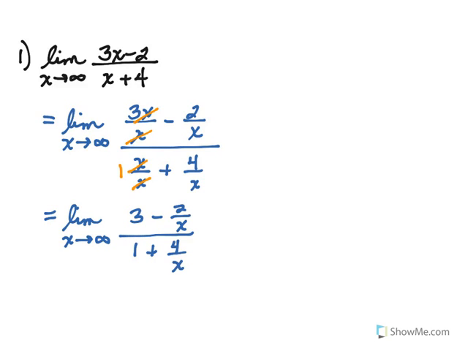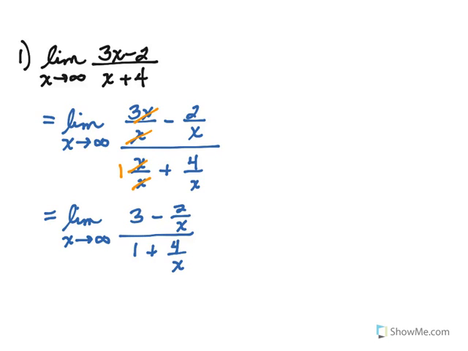All right, let's talk about these little fractions. Now think about what's going to happen to those as x gets bigger and bigger. So think about if we had the fraction 2 over 10, 2 over 100, 2 over 1,000, 2 over 10,000. Notice how that fraction keeps getting smaller and smaller and smaller? And eventually, if we had maybe 2 over a million or 2 over a billion, that fraction is really, really small.